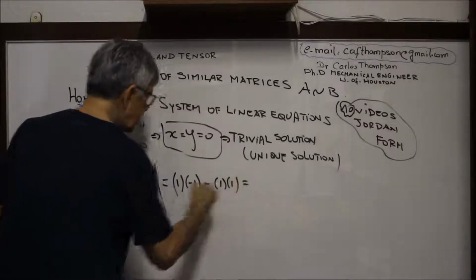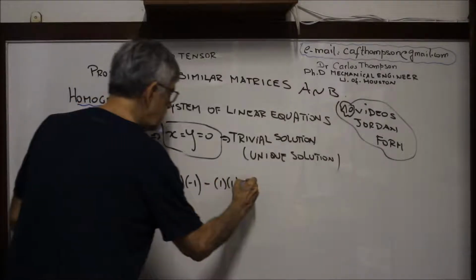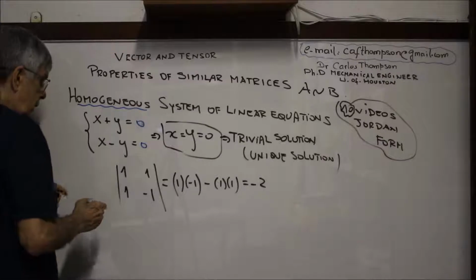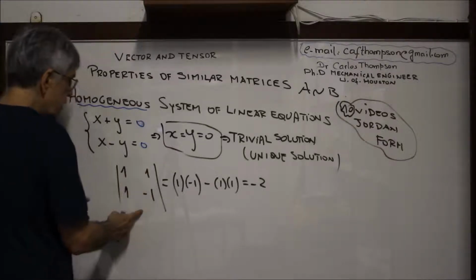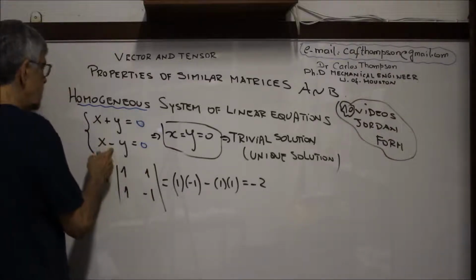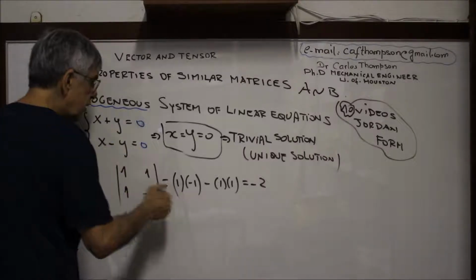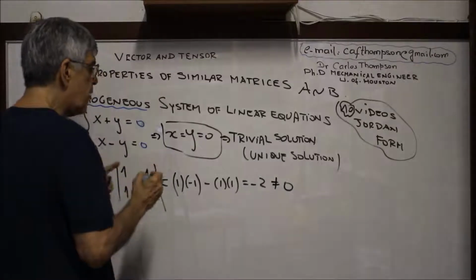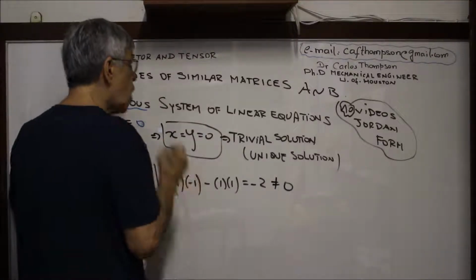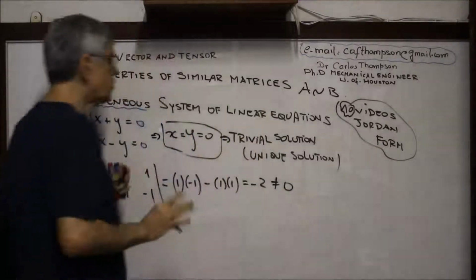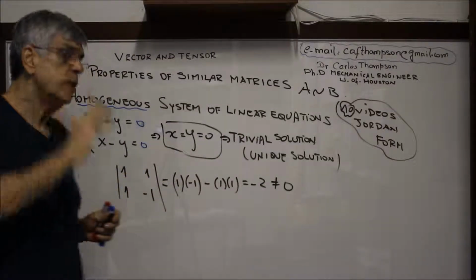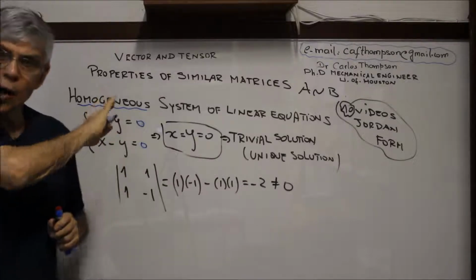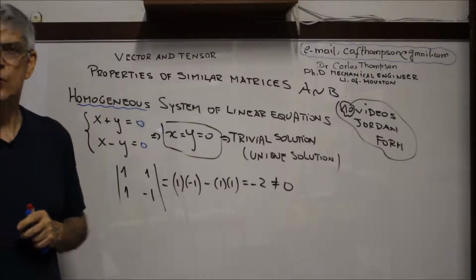So this is minus 1 minus 1, which is minus 2. Now, if the determinant of the coefficients of the unknowns is different from 0, we have a unique solution called the trivial solution. If you hear trivial solution for a homogeneous equation, all the unknowns are 0.